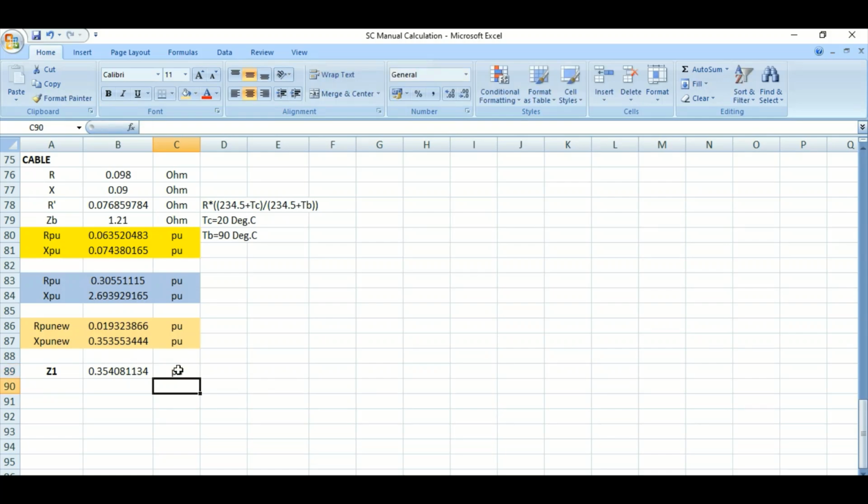So Z1 equals 0.3540. And what is the Z2 value?